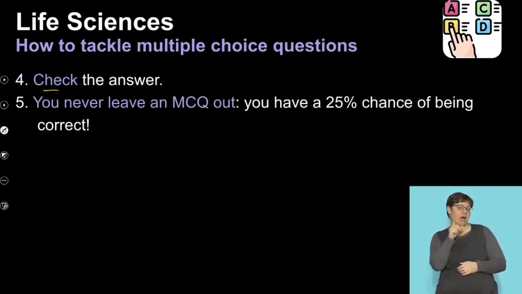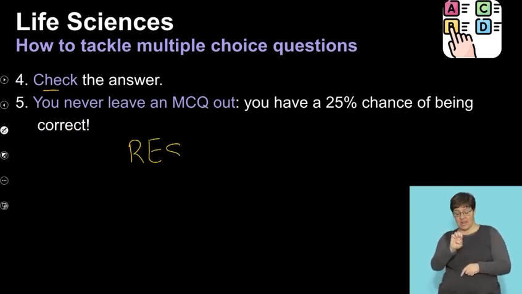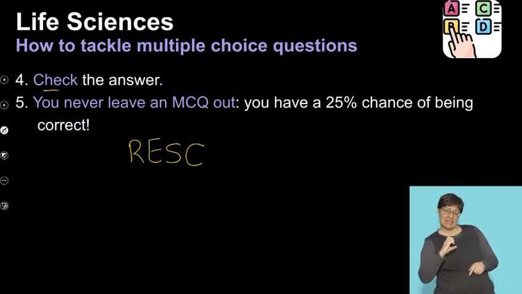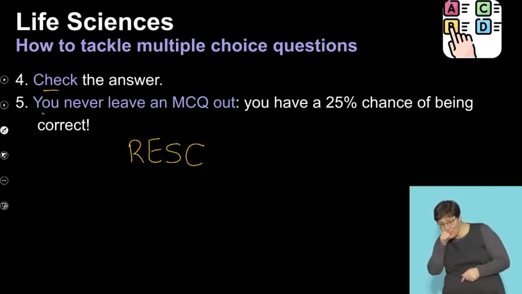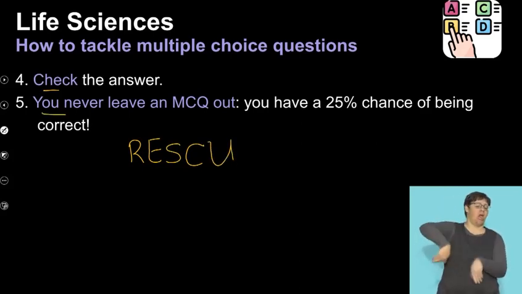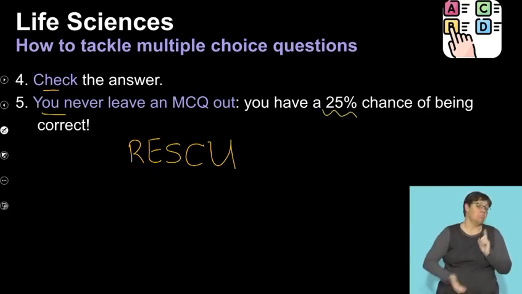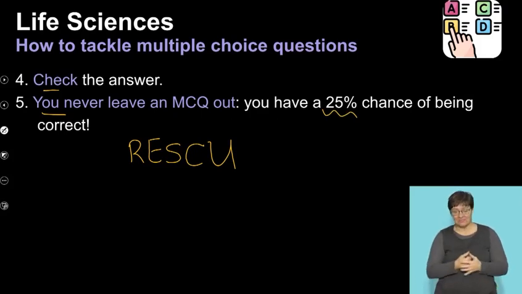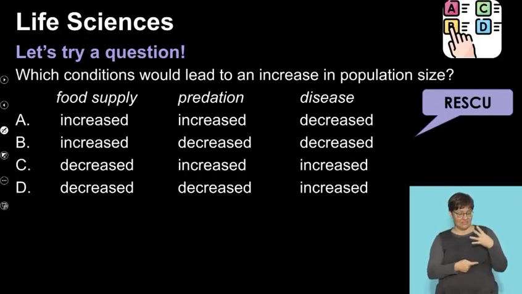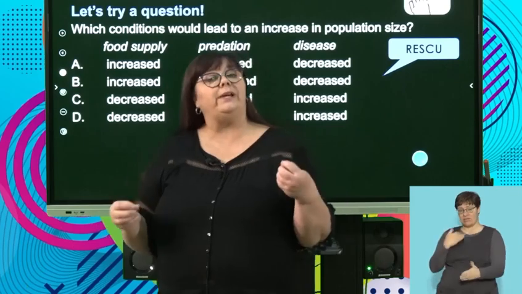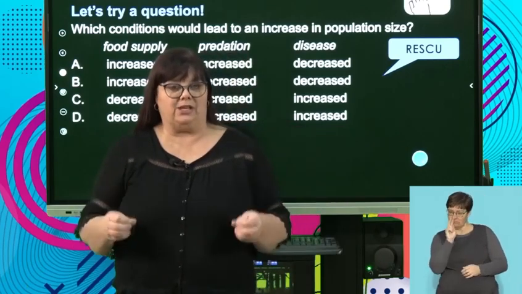We then check the answer, and you never leave a multiple choice question out because you have a 25% chance of actually being correct. So let's apply the RESCUE strategy as we look at this particular question.